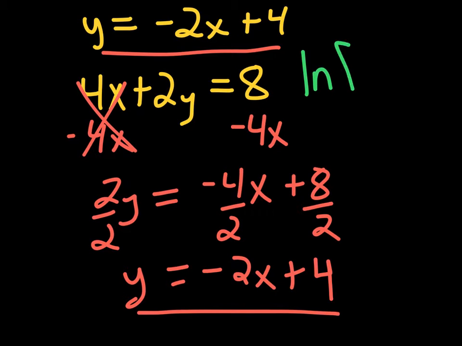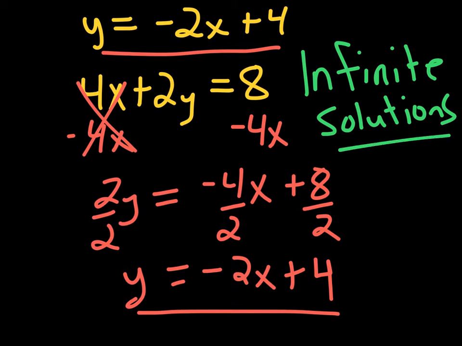These two lines are always going to intersect. I can't even spell, that's why I don't do language arts. Infinite solutions. These lines always intersect because they're going to be on top of one another. So remember, if you have the same line, it's infinite solutions.